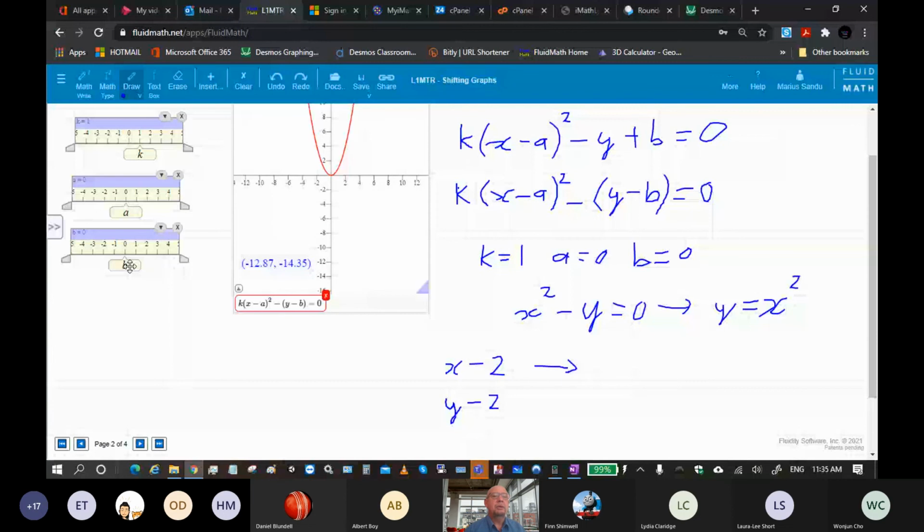Y minus 2 moves it up by 2. Yeah, and x plus 2 is going to move it left, and y plus 2 is going to move it downwards, just like before.